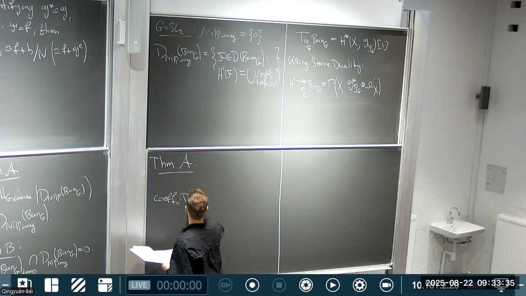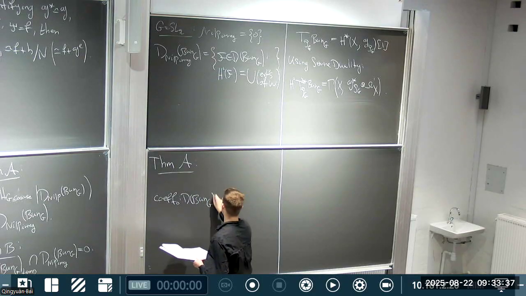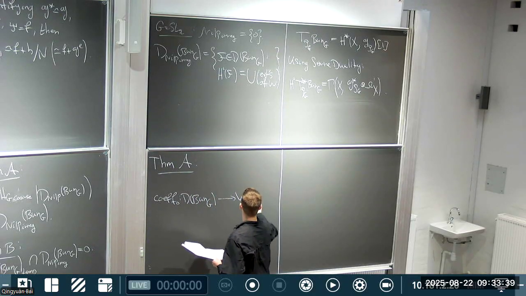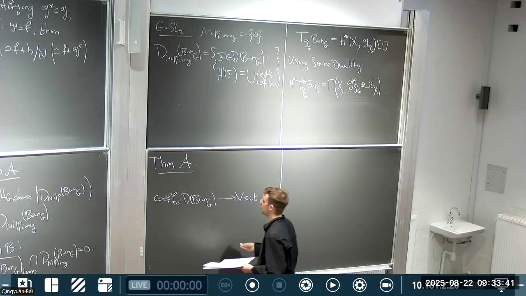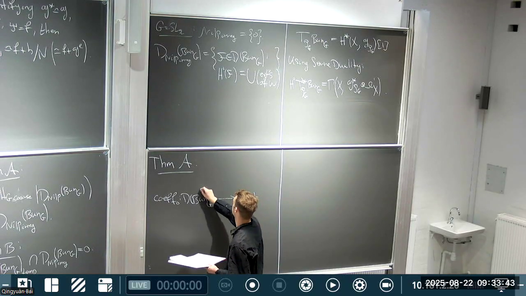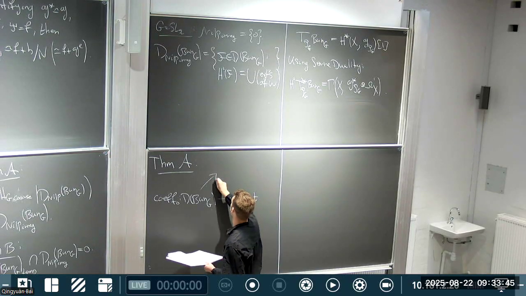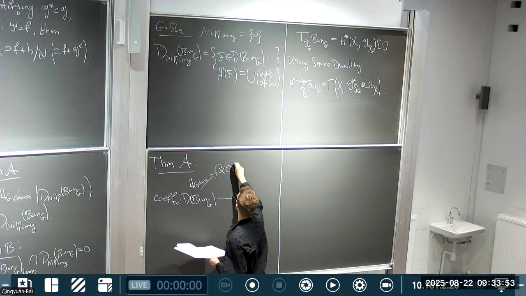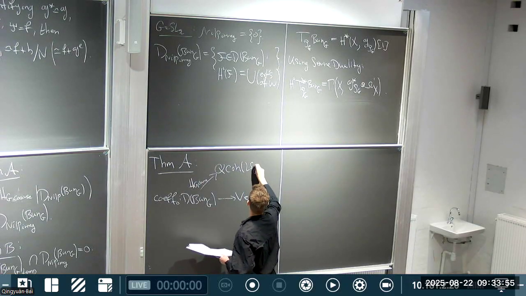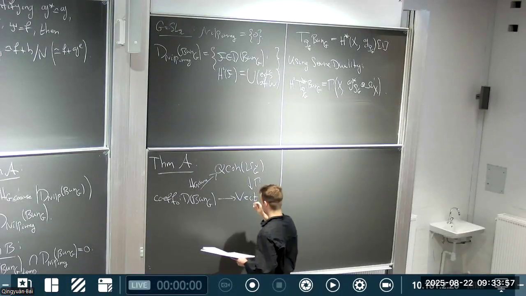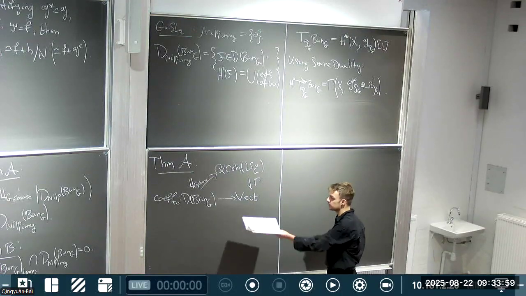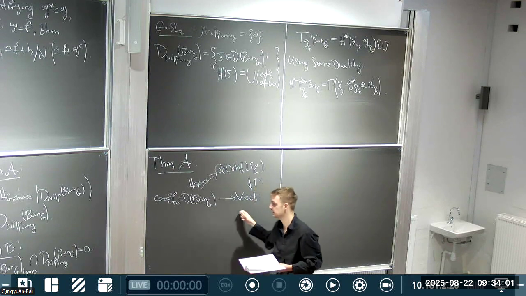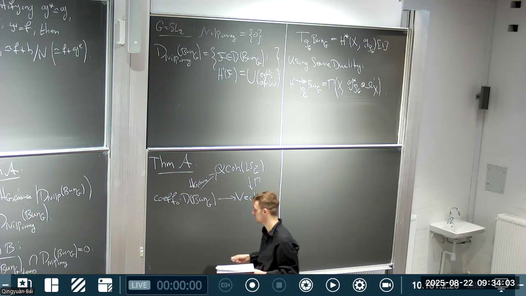I'll remind you this was a functor from D-modules on Bun G. The main defining property was that it was given by the composition of the Langlands functor and then global sections.